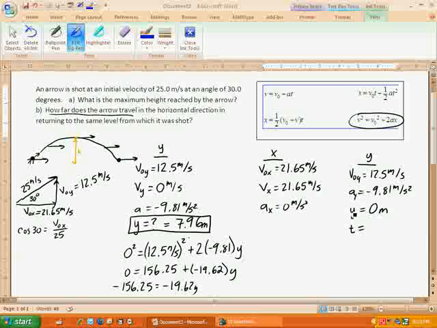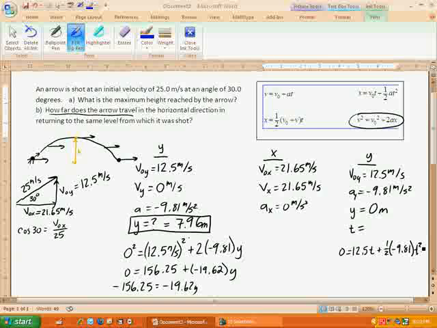So that looks like it would need to be the top equation here, right? And so it's going to be 0 is equal to 12.5t plus 1/2 times negative 9.81 times t squared.